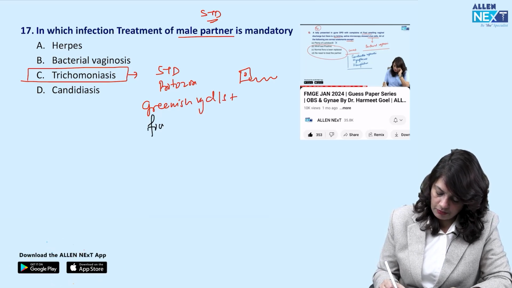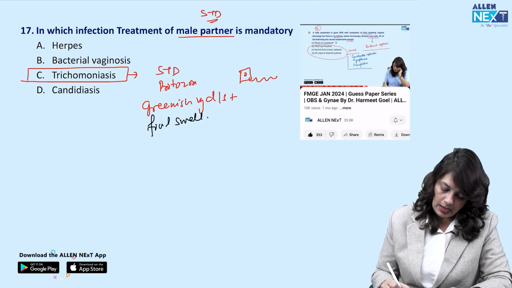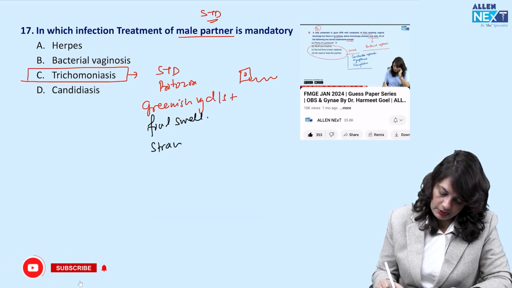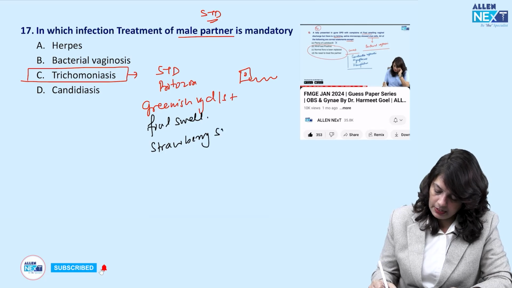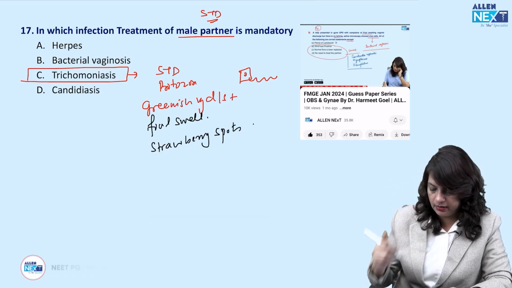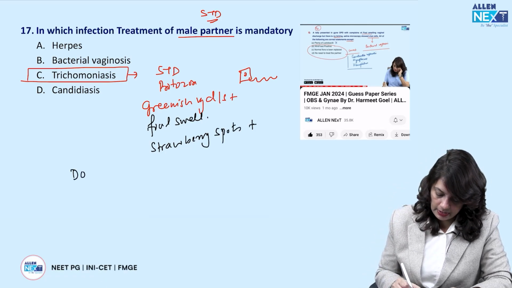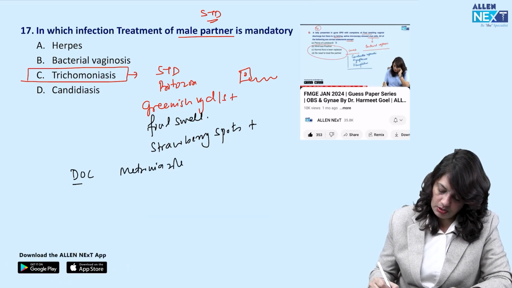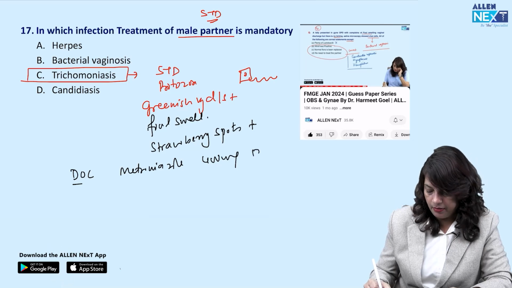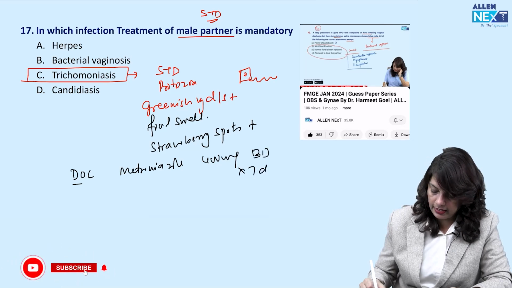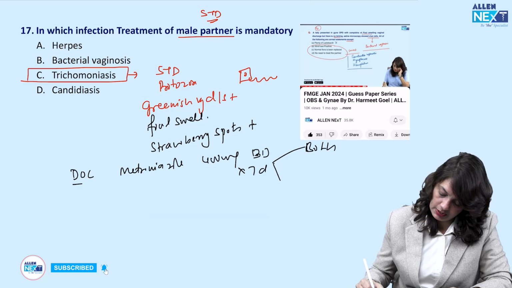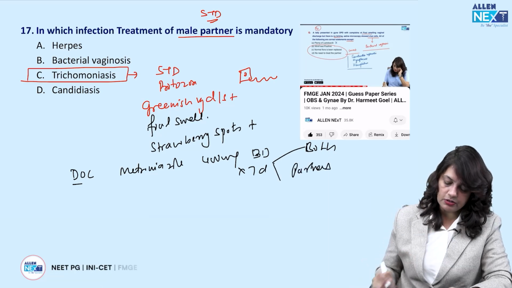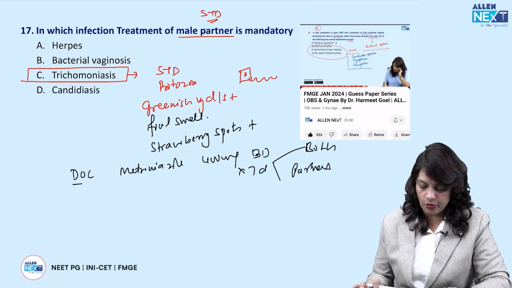There is a foul smell, and on examination there are strawberry spots in the vagina. Treatment is metronidazole 400 milligram BD for 7 days to both the partners. So the correct answer is trichomoniasis.